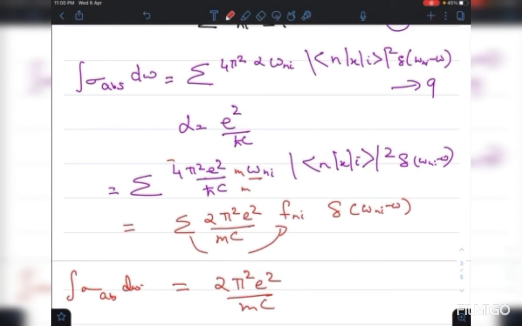Historically speaking, this one is the first example of how new quantum mechanics led to the correct classical result. This sum rule is quite remarkable because we do not specify in detail the form of the Hamiltonian. So this is a quite important result, this electric dipole approximation, which has led to the classical result.